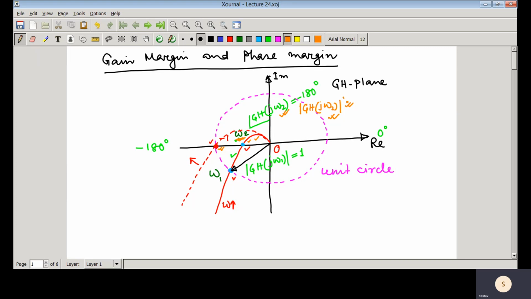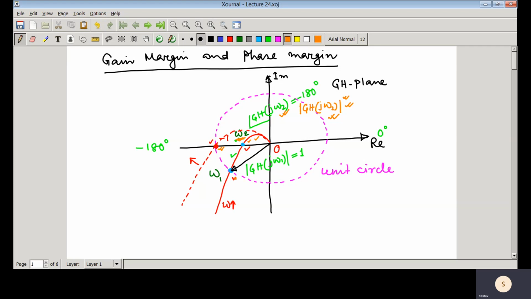So if this particular value is very small, suppose 0.1, then its reciprocal would be 10. That means if we multiply the loop gain by 10, only then the system would come to the critical point. That means the system would be on the verge of instability.